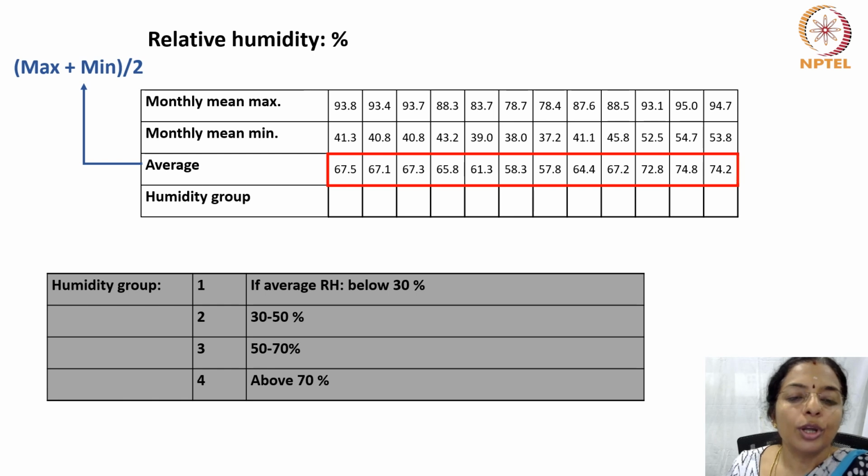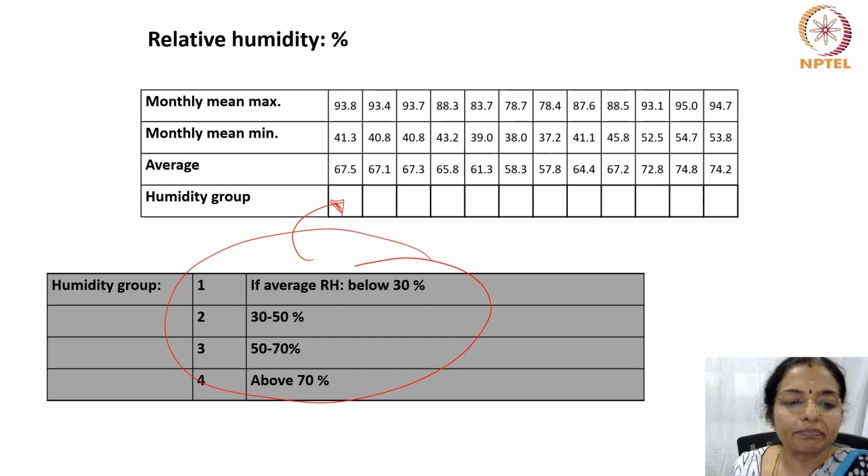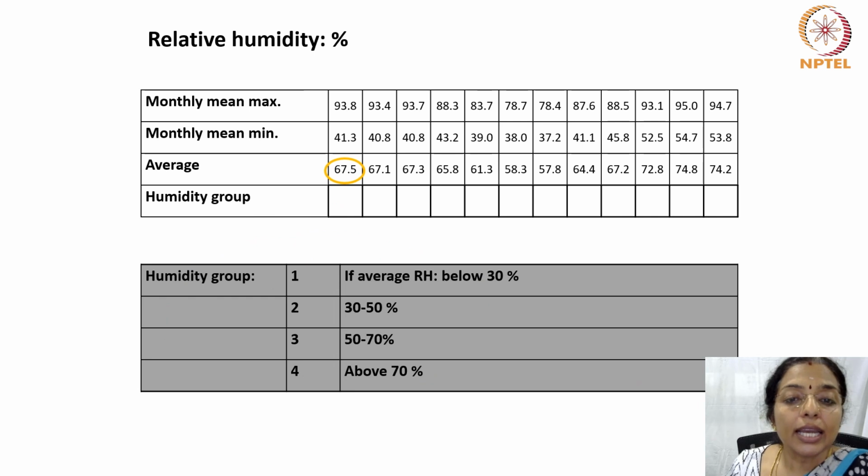Now look at this table and fill in the humidity group. Now that table says that if the humidity is 67.5, it falls under this category. So here you will simply write 3.